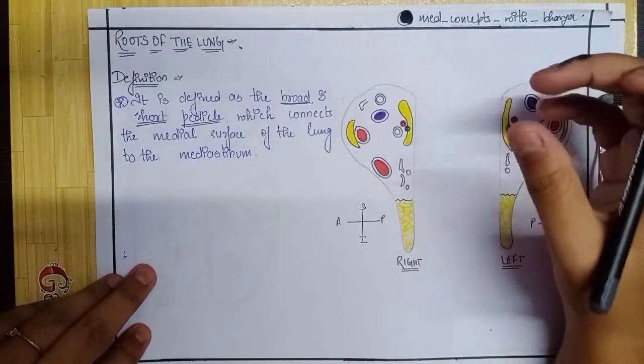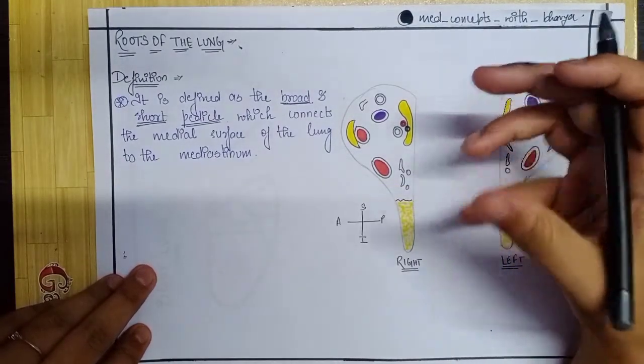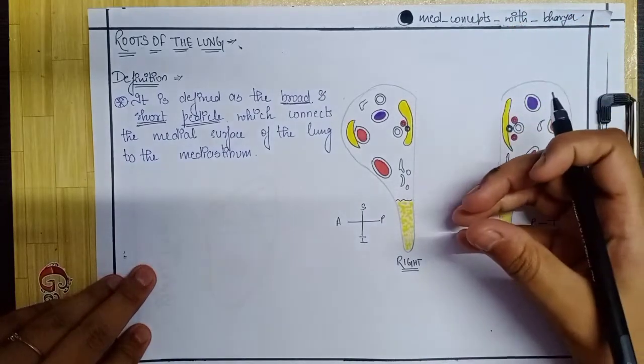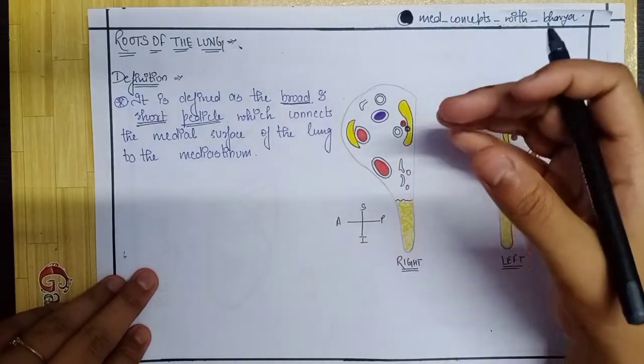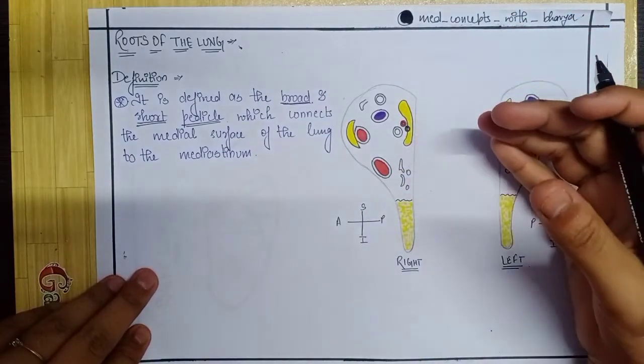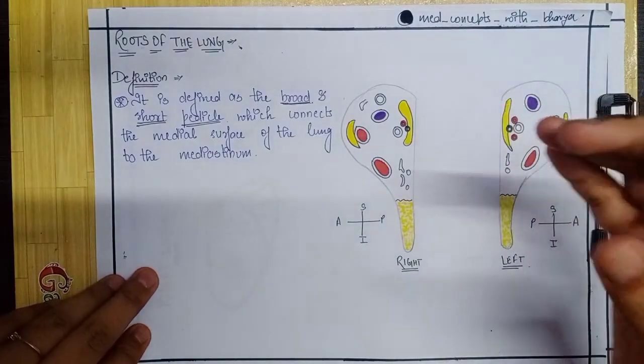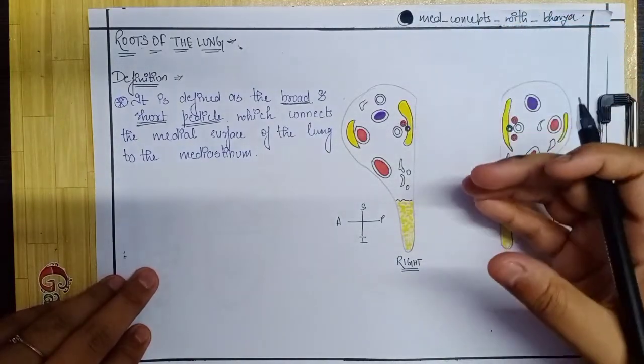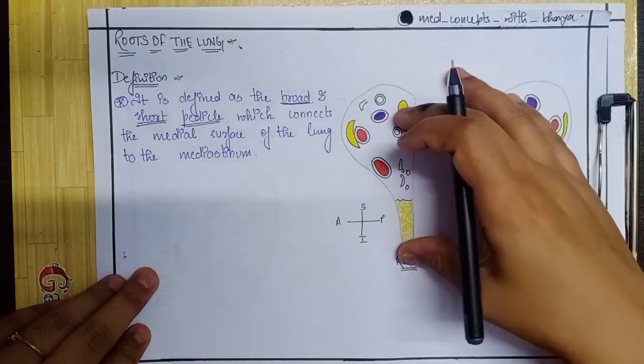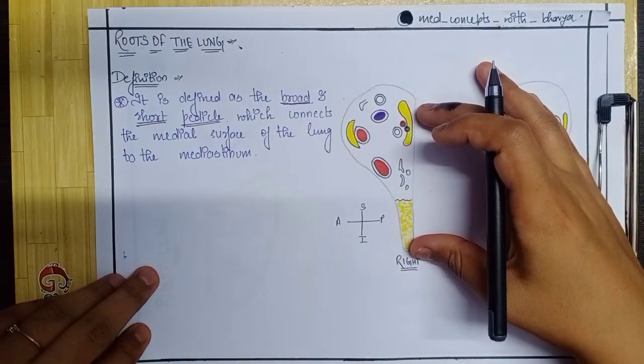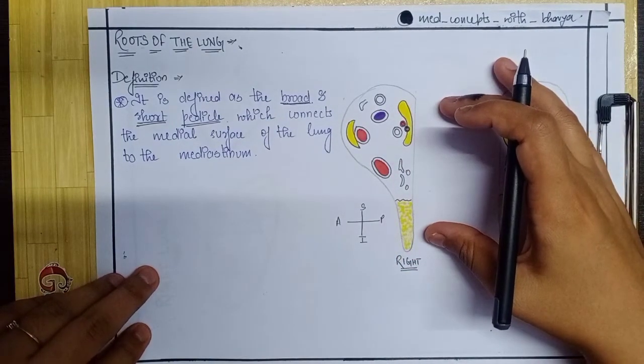So pedicle or peduncle is something that connects one structure to another structure. So in anatomy, pedicle is used for the same terminology only. That is, it connects one structure to another structure. So here, the root of the lung is the pedicle, which connects the mediastinum to the medial surface of the lung. This is one thing.